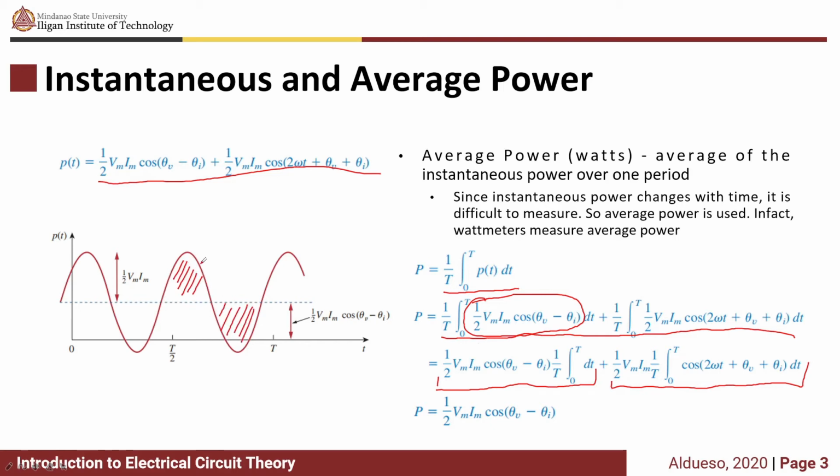Integrating that over one period, this cancels out. So our average power, we are left with this: P is just equal to 1/2 Vm Im cosine of (theta V minus theta I), which, looking at the graph, is this dashed blue line. This is our average power.